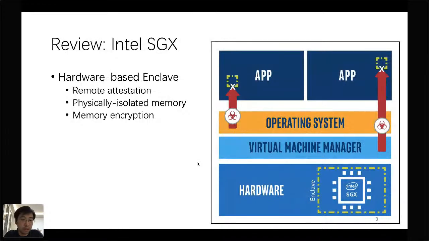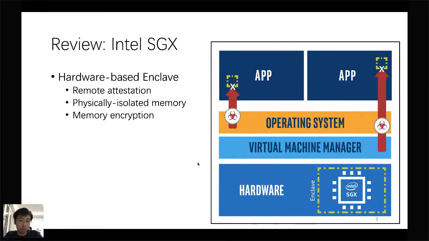First, I will give a brief review of Intel SGX. Intel SGX provides hardware-based enclaves where your programs can safely execute. And it provides the ability of remote attestation, in which you can verify the integrity and the identity of your program.